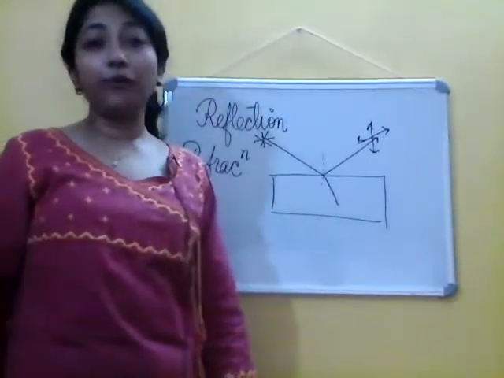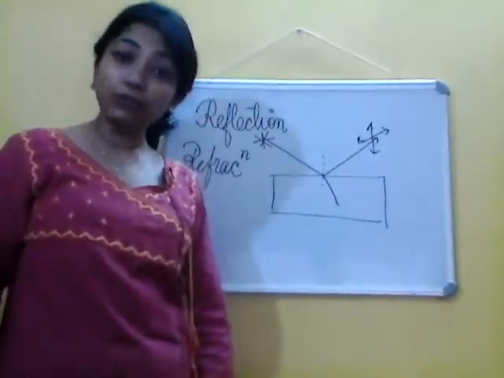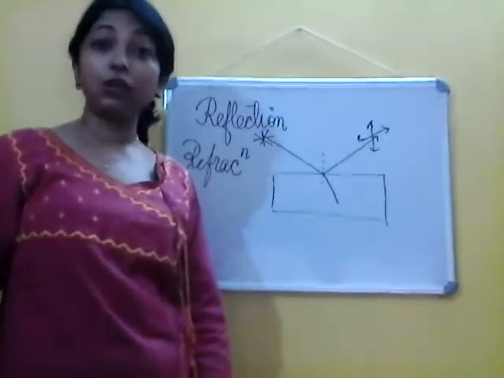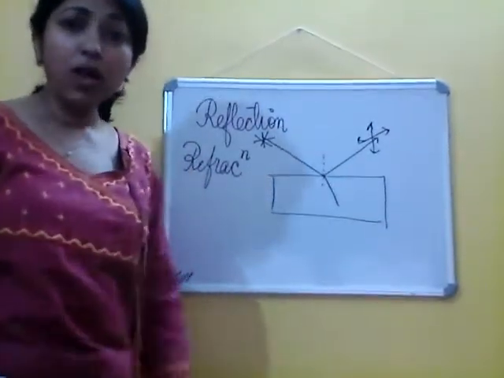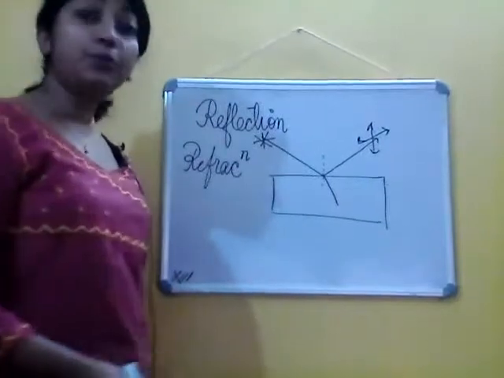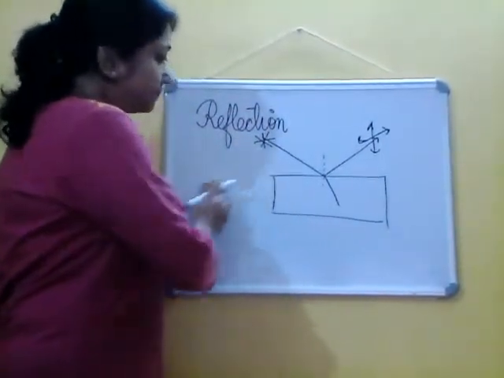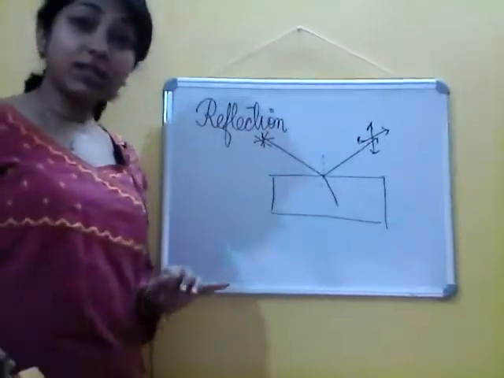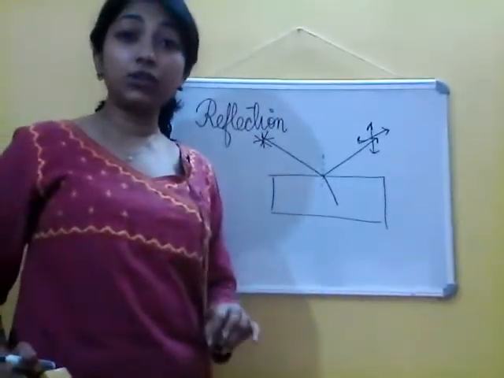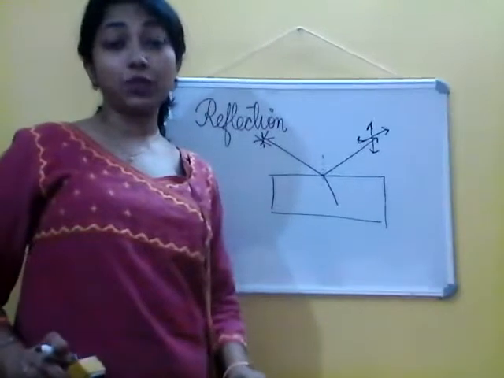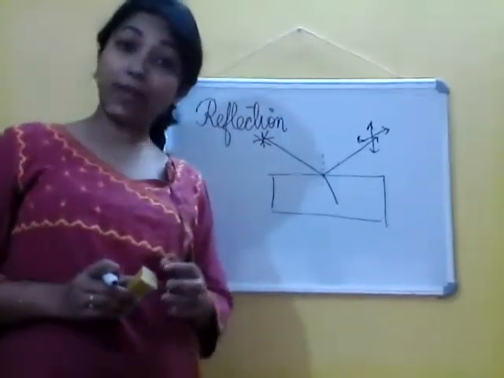But before I go forward, I would like to tell you about a very famous law, which is called Brewster's law. Now this Brewster's law is a very important law because it is used in various types of applications as well.